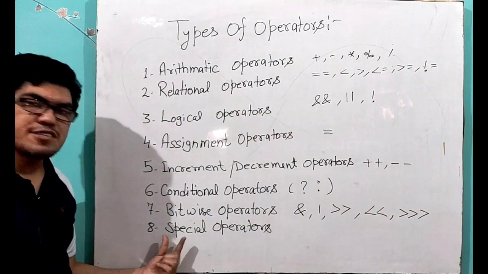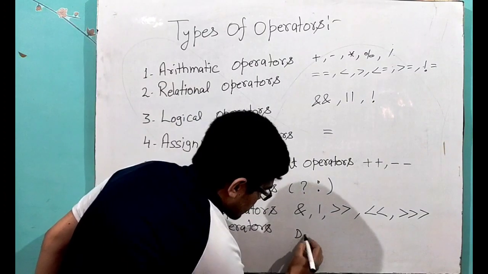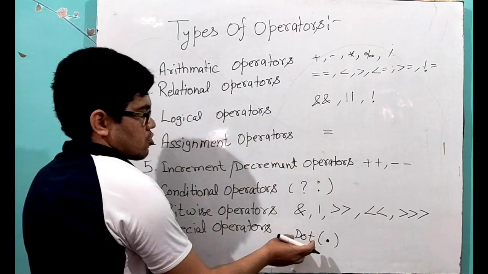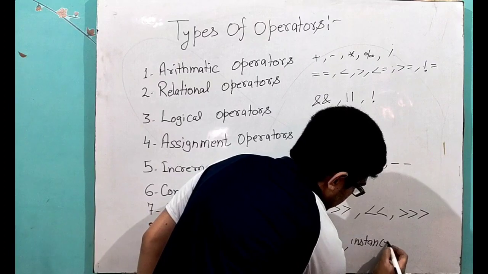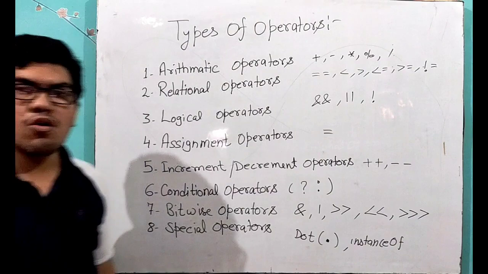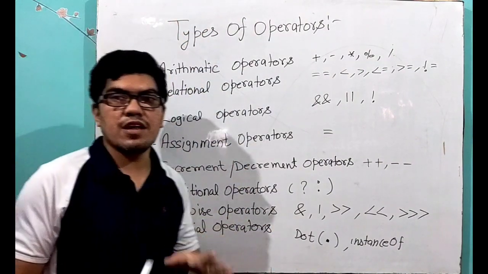Next one is the special operators. Some operators like the dot operator and instanceof operator come under the category of special operators. So this is all about the operators available in Java.